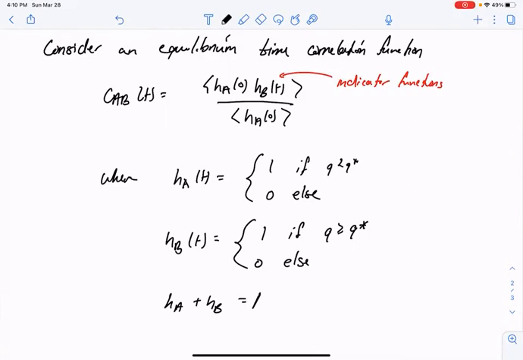As indicator functions, as binary variables, h_A on average or h_B on average has the interpretation as a probability.